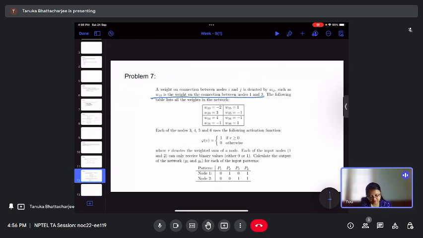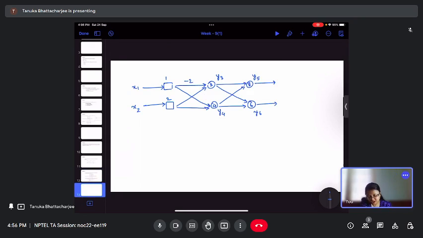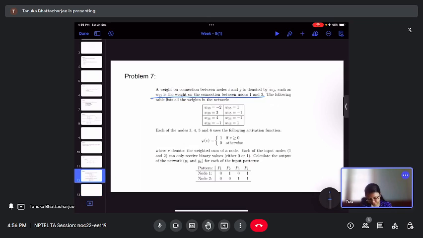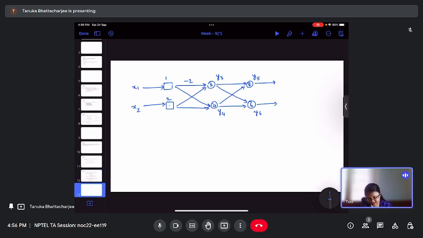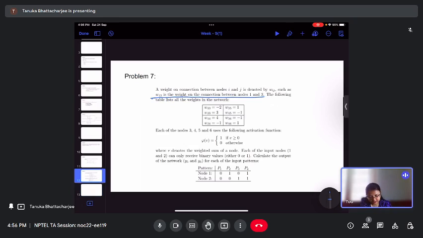So then we have W23 is 3. That will be the weight on the connection from node 2 to node 3. So this connection has weight 3. Similarly, W14 has the value 4.